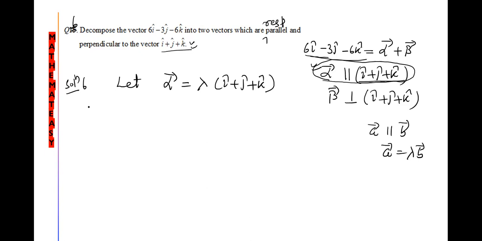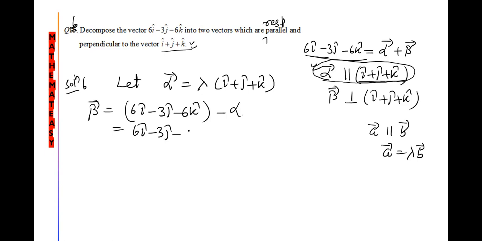And beta vector is what? Beta vector is 6i minus 3j minus 6k, minus alpha, right? So you can write here 6i minus 3j minus 6k minus alpha, meaning lambda i, lambda j, lambda k. Okay, is it clear?